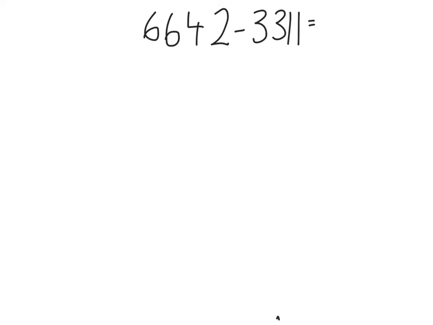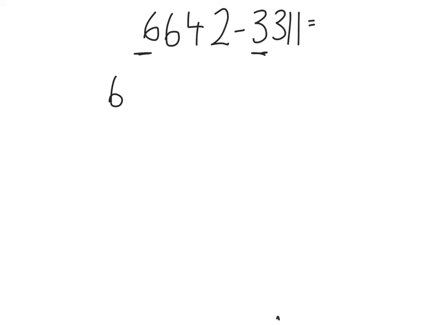So as you can see up here, I've got the number sentence 6,642 take away 3,311. So the first thing I'm going to do is take away my thousands. So I've got 6,000s and I've got 3,000s.